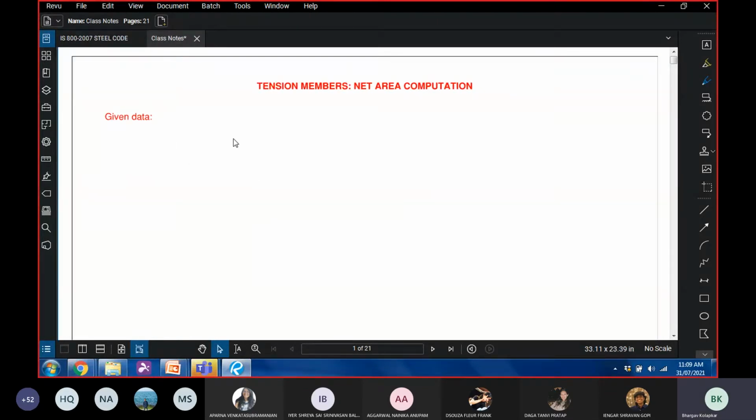The different loads that we can expect in a structure are dead load, which is the self weight of all the members, your floor finishes, MEP, and so on. Then there's live load, then earthquake load or wind load. When we are designing a structure only for gravity, not for earthquake or wind, the design load combination is 1.5 dead plus 1.5 live load, because dead and live act together.